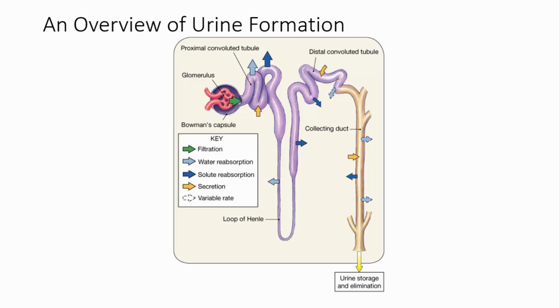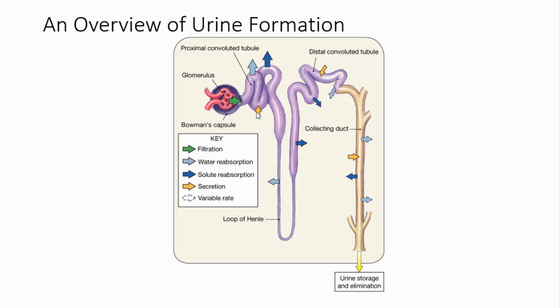So an overview of urine formation, and I don't mean FYI for your information, this is for urine formation. Anyway, we have filtration that takes place in the glomerulus. That filtrate enters Bowman's capsule. In the proximal convoluted tubule, we have some water reabsorption, and we also have some solute reabsorption.